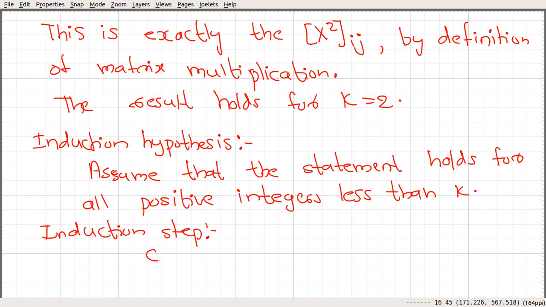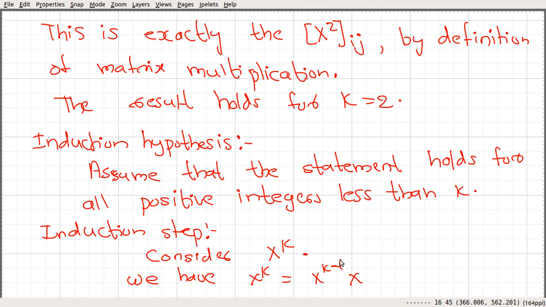So what we are going to do is prove it for x to the k. Okay, so consider x to the k and see what is going on. Matrix multiplication is associative, so that says we can write this x to the k as x to the k minus 1 times x.